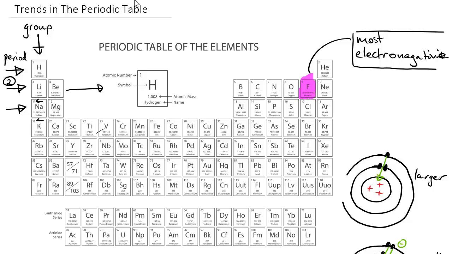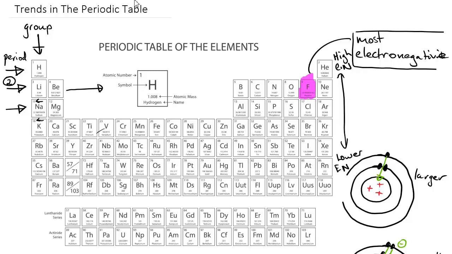Now, if we look in terms of a group, the element at the top has high electronegativity, and the elements at the bottom have lower electronegativity. The reason why is because fluorine only has 2 shells, and therefore those electrons in that second shell are really closely controlled by the protons within the nucleus.